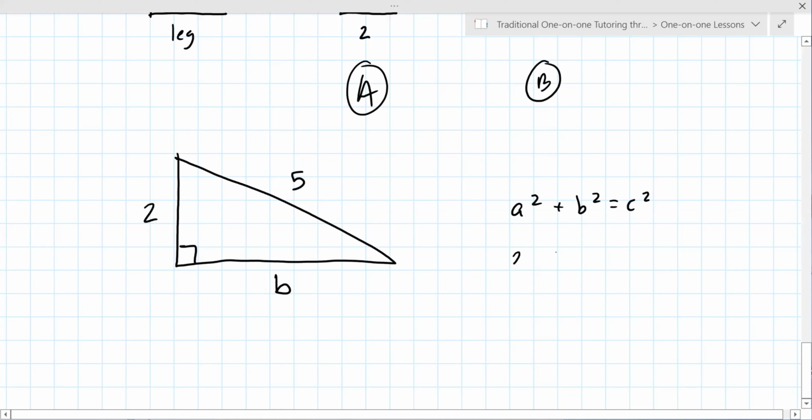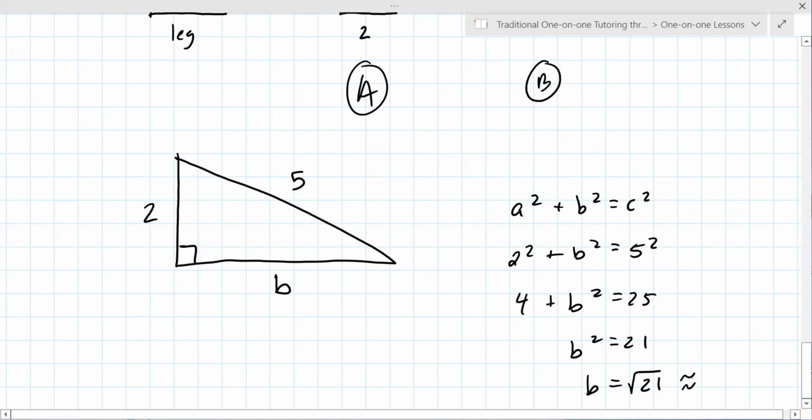Your a is 2, your b is unknown, your c is 5. So b squared equals 21, b equals the square root of 21. So as a math student here, you do want to show that it is the square root of 21, but I would approximate it. Let's go to 4 decimal places with that, please. If you could calculate that for us. The square root of 21. Yes.